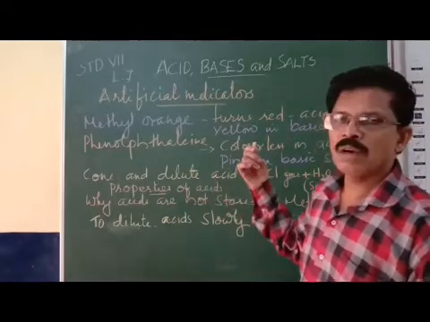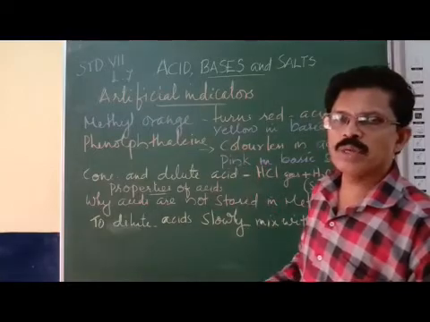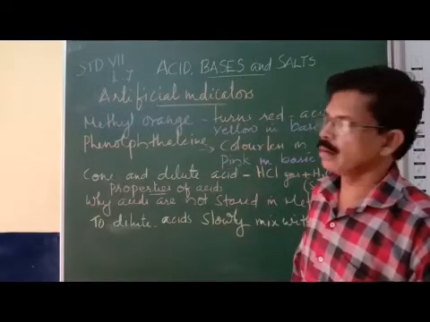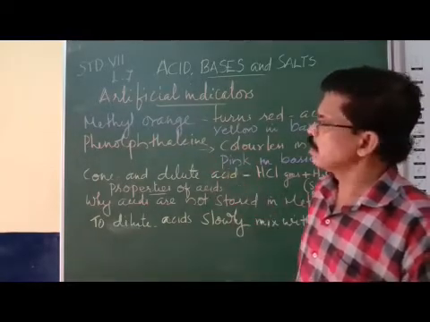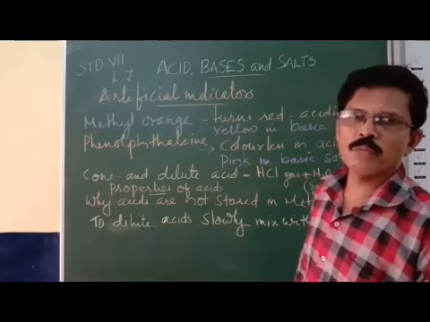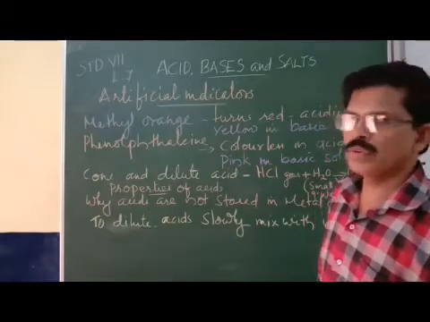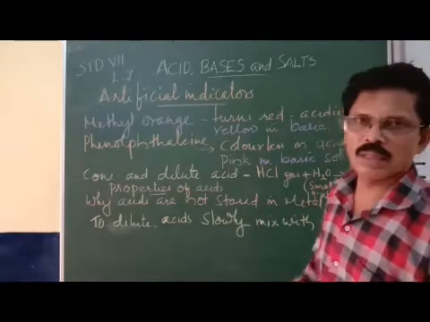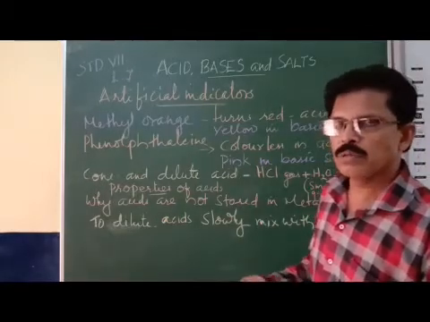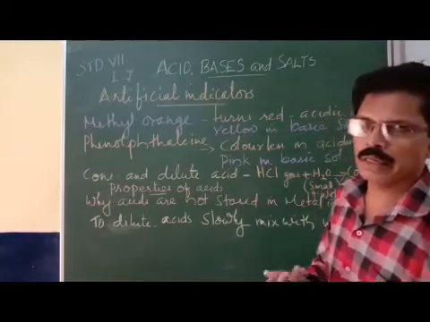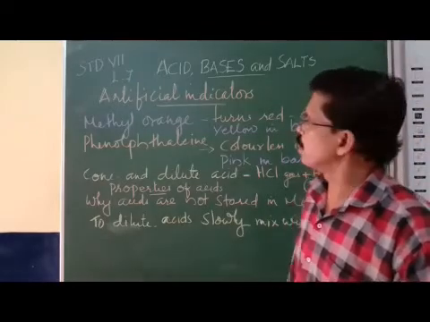Why do we use them? Because they are easy to handle. They are available in ready-made form from the chemical laboratories, so we purchase them from there and use them in our lab. We can also use natural indicators like litmus paper, which is also very common.